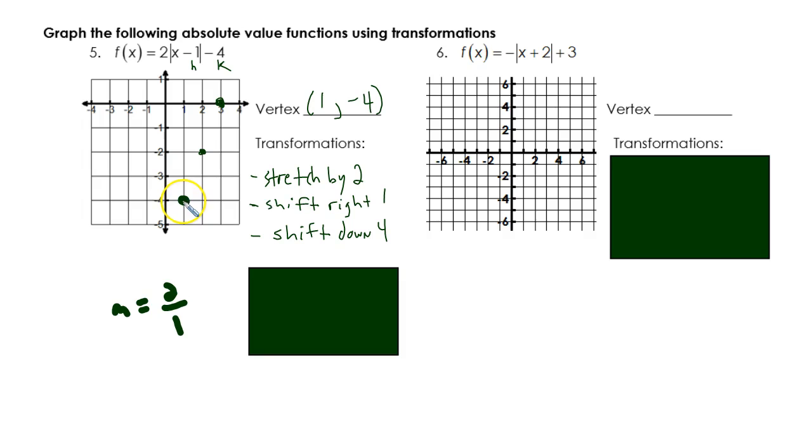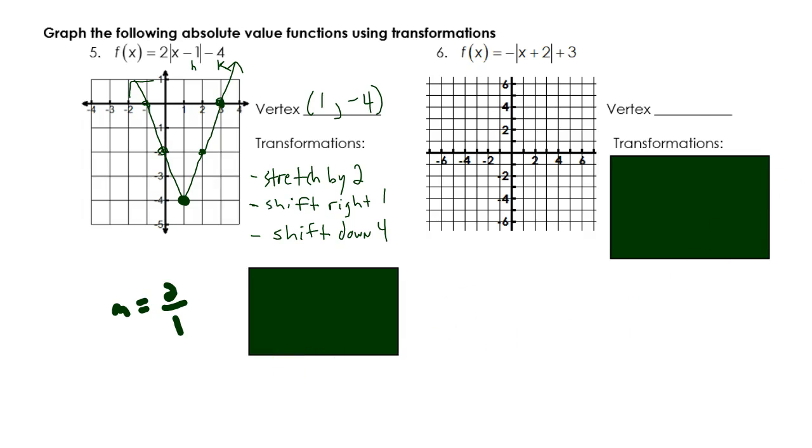And these functions have a mirror image on both sides of the vertex. So on the left side, we're going to go up 2 to the left 1. So we'll connect a line through these points on the left side and the right side of the vertex, and you should see a V. If you don't see a V, you are doing something wrong.